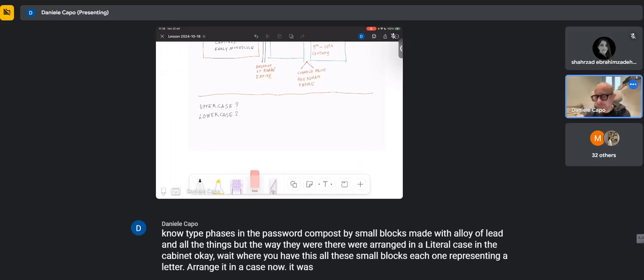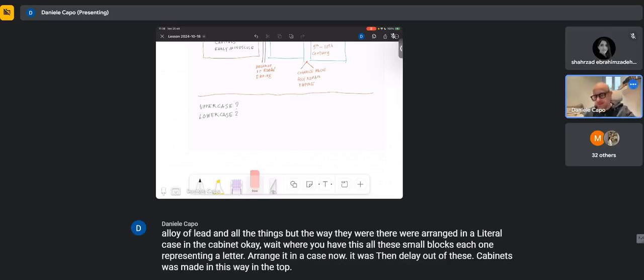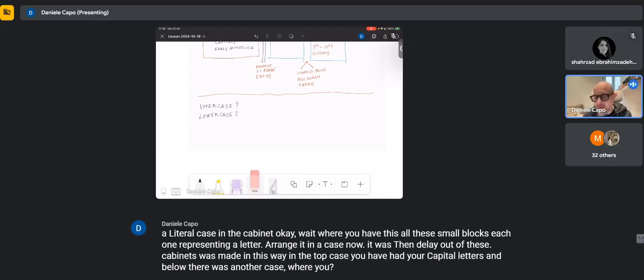Now, the layout of these cabinets was made in this way. In the top case, you had your capital letters, and below there was another case where you had the minuscule.